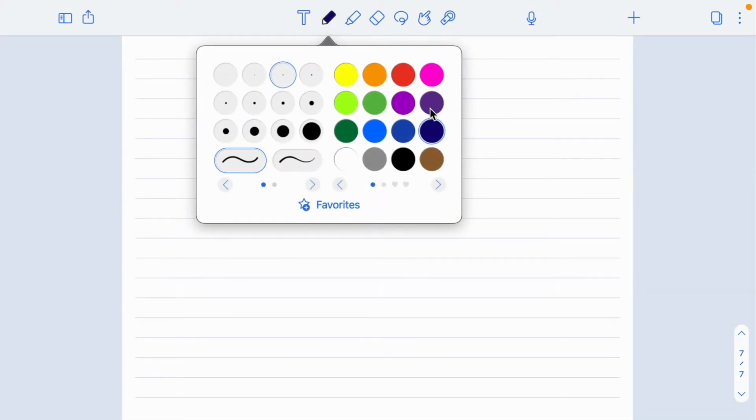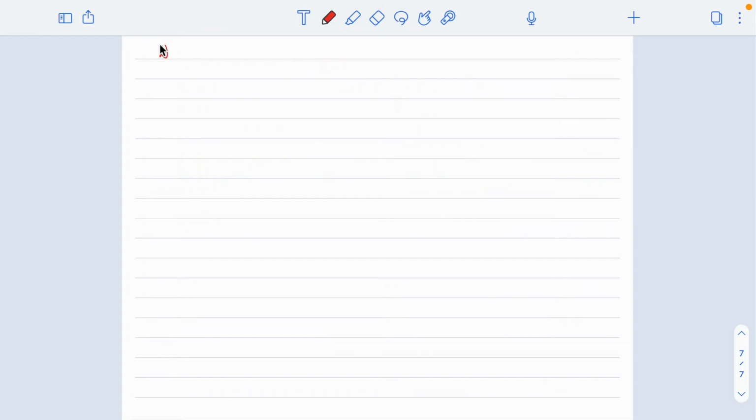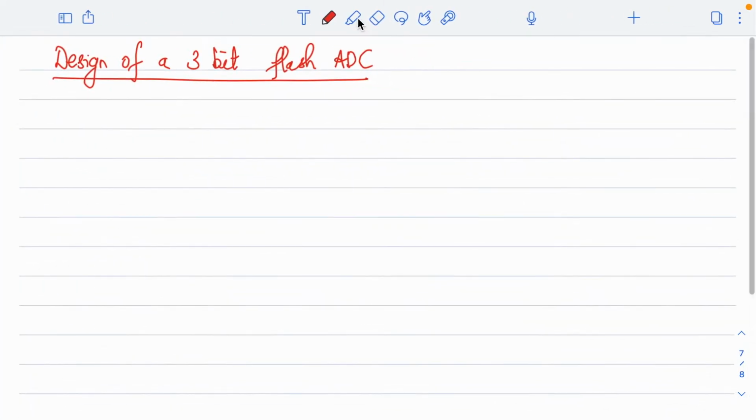Now what we'll do is take a typical example of a 3-bit flash ADC. We look at the design of a 3-bit flash ADC, and we'll exactly see how these thermometer codes are generated and how we are actually getting the final value, right? So the very first thing is, we know that the number of bits is 3, n is equal to 3.